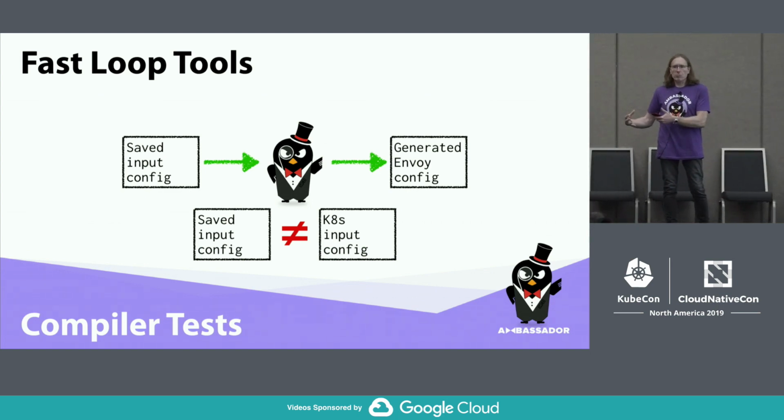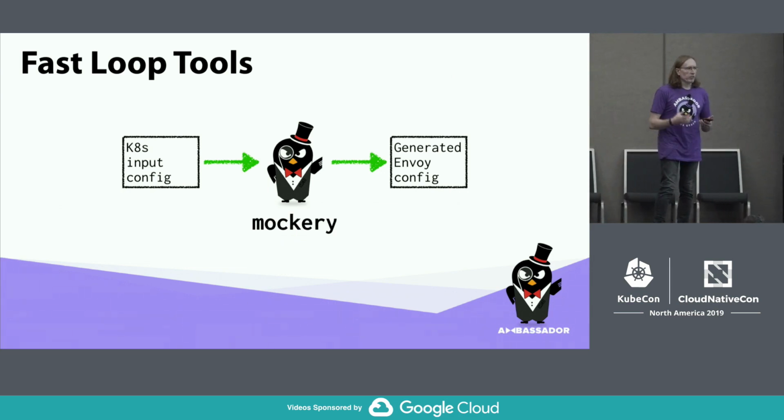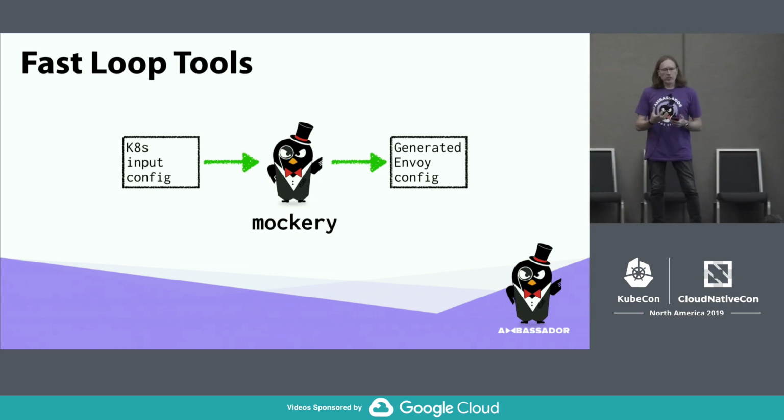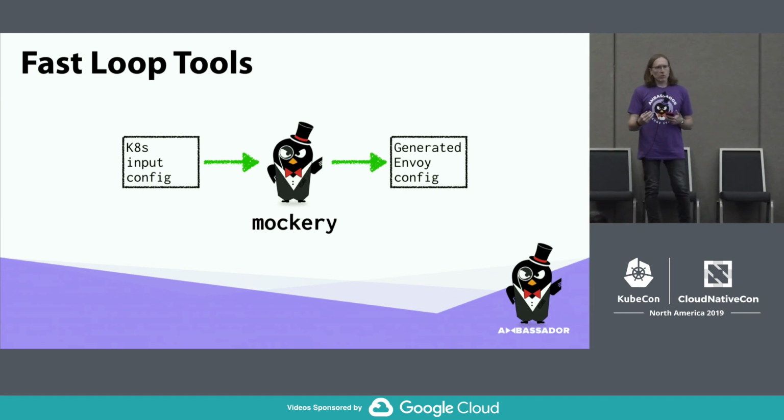You couldn't take the same input configuration that you used for an end-to-end test running in the cluster and just feed it into this process. So the first thing we did was fix that. We ended up with a tool called Mockery where you can feed it exactly the same thing that you can use in the cluster, and it can go through, do all the work that needs to happen in the cluster to get to a place where you have a correct Envoy config, but it doesn't actually need a cluster to do it.